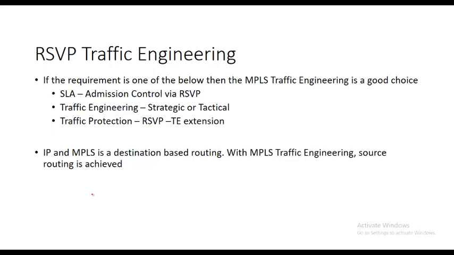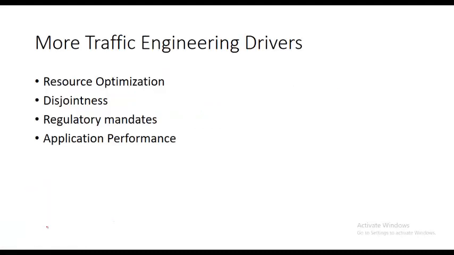Right. Now, these are all the important things why I need to go for traffic engineering. I want to have optimized resource. I want to have disjointness, meaning at any point of time, I want the communication to happen, whatever failure happens in the path, congestion, regardless of all those things. A regulatory mandate means I must always guarantee my customer 500 kbps, whatever it takes.